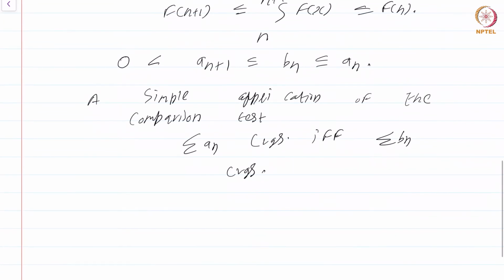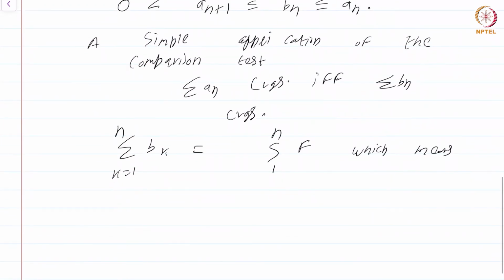But what is summation b_n? Let me be 100% precise: summation k equals 1 to n of b_k is nothing but the integral from 1 to n of f, which means summation b_k converges if and only if the integral from 1 to infinity of f exists and is finite.